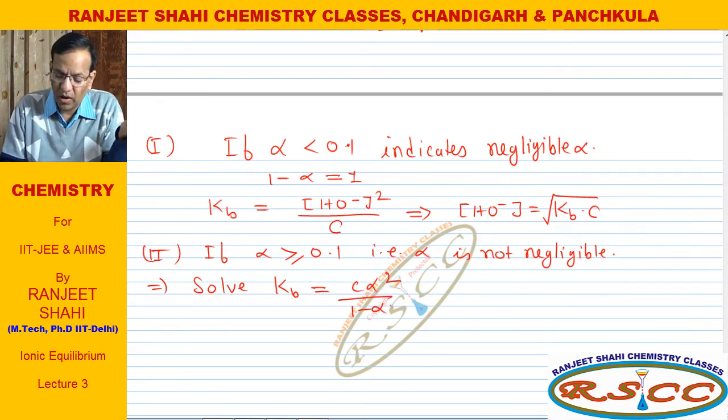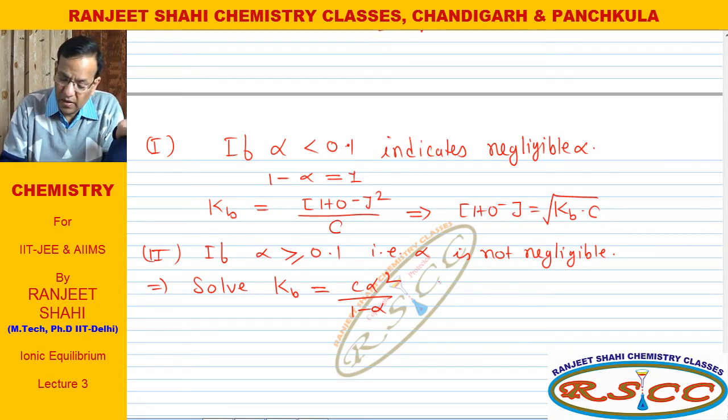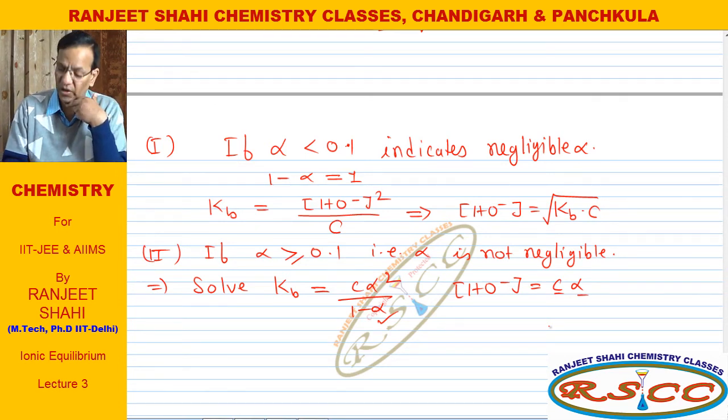It is a quadratic equation in alpha, so Kb will be given, C will be given. Solving this expression, we find out alpha, and then we determine the concentration of hydroxide ion, which is equal to C alpha. C will be given, alpha will be determined by solving the quadratic equation. Once the hydroxide ion concentration is known, taking the negative log of this will give the pOH, and subtracting that pOH from 14 will give the value of pH.